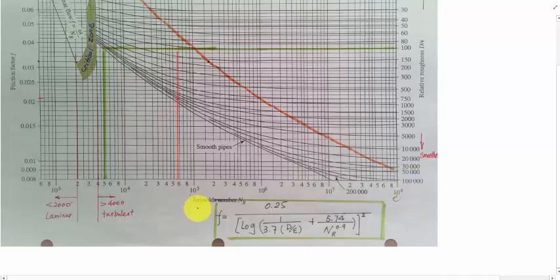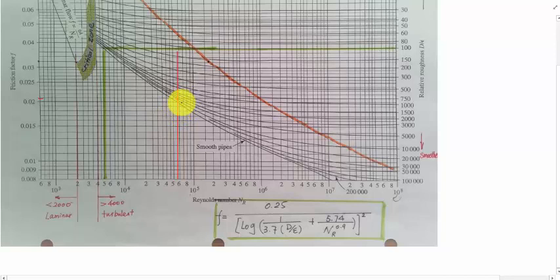And then the Reynolds number has to be larger than 5,000, which is this green line here, and then smaller than 10 to the 8. It's on this side. So basically what we blocked with this green pen is the zone where you can apply this equation. Now, our point is somewhere over here, so it actually falls into the zone.